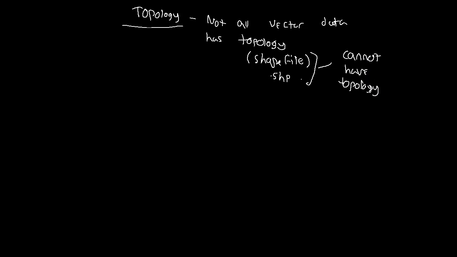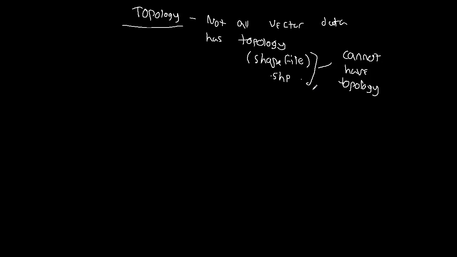I'm not going to spend too much time in this course belaboring the different file formats, but in this particular instance with topology, it is important to be aware that not all vector data file formats will actually have topology. Some file formats, like the shapefile, which is one of the most common, literally cannot.